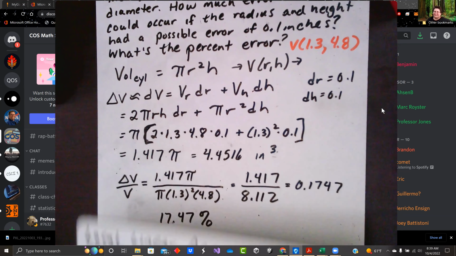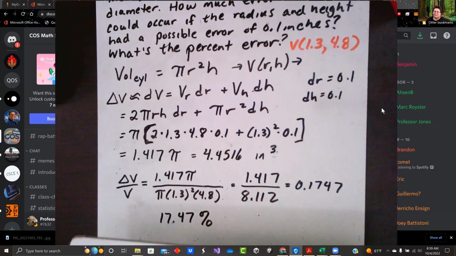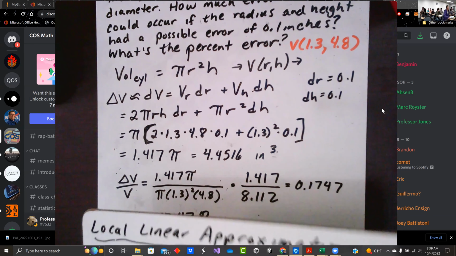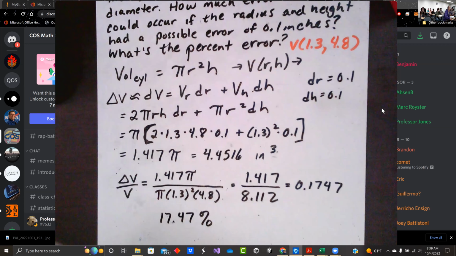You guys ready for another local linear approximation? Wait, what we found out is that pretty terrible? 17% is a pretty large percent error. Well, you gotta figure 0.1 inch radius error means 0.2 inch diameter error.